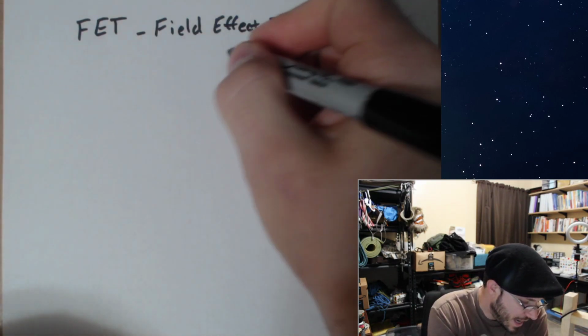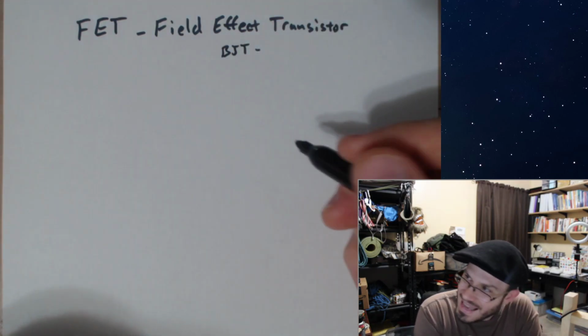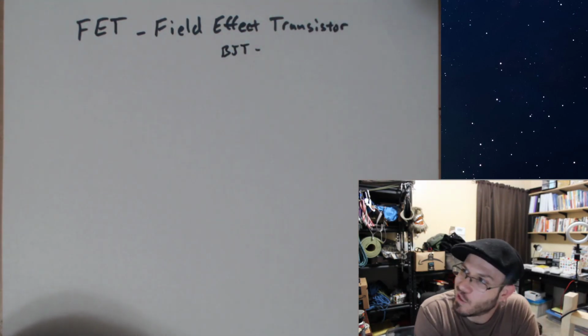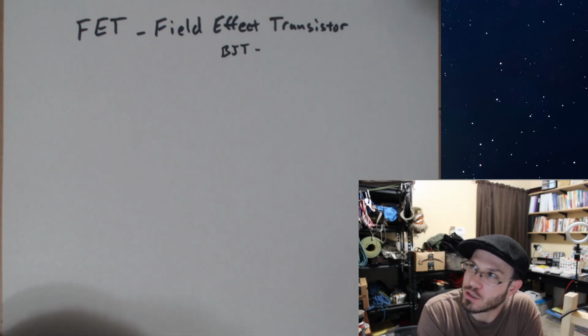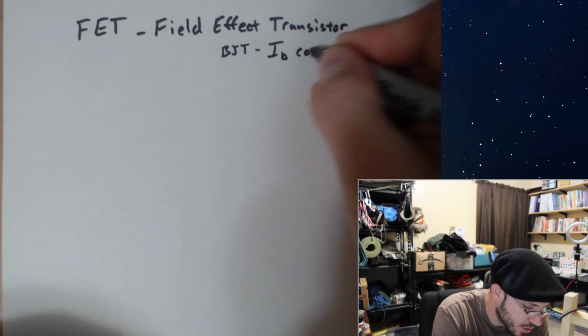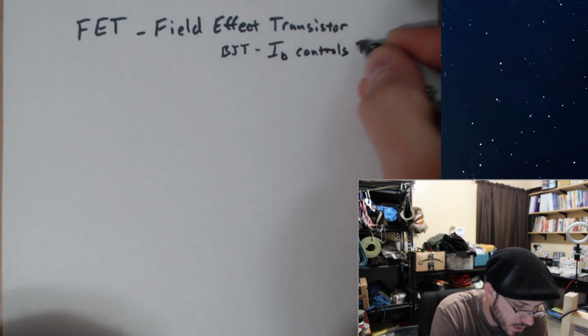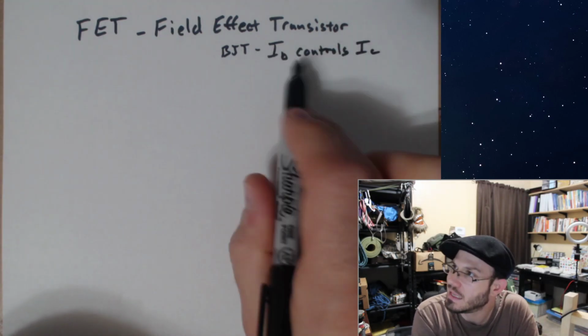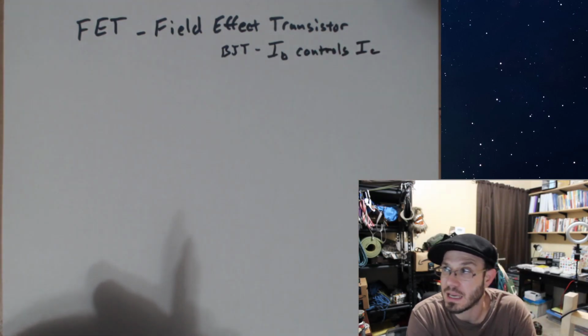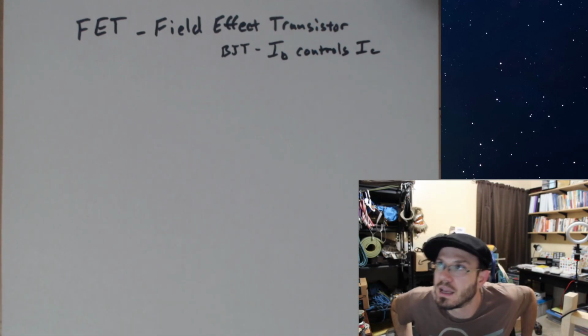Okay, now when you're looking at a BJT, we know that it's that base current that controls the collector current. So IB controls IC. That's the important relationship. The current going in controls the current going through the device.